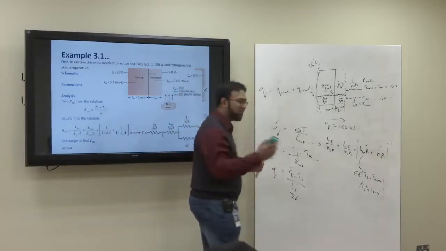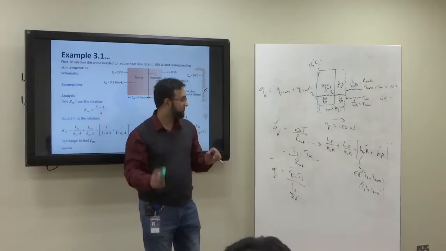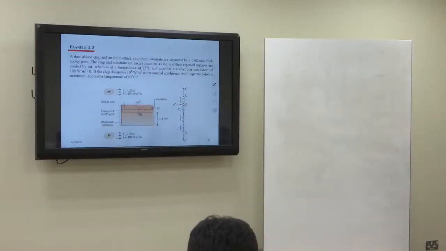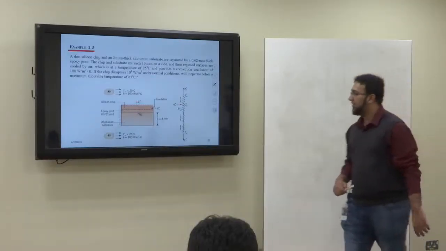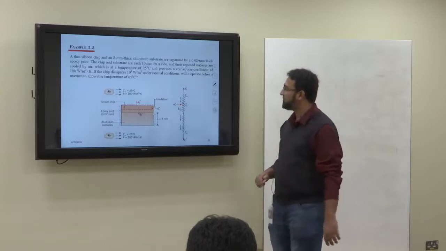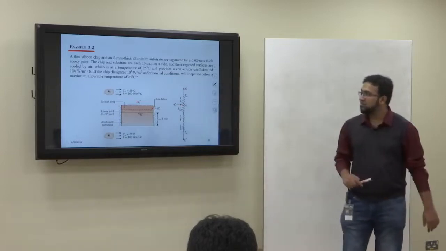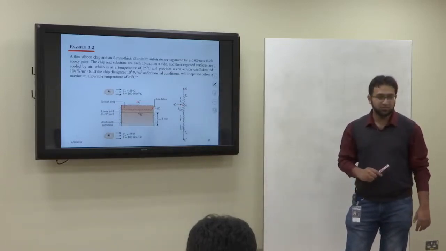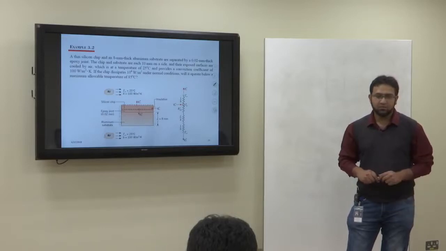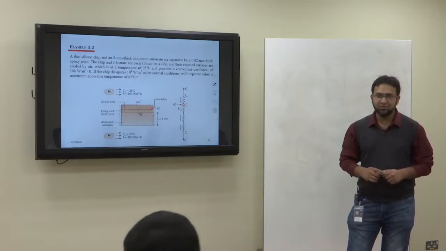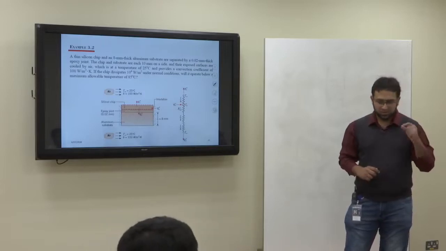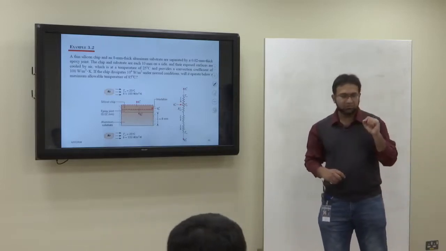Okay. Do you understand the problem solution or not? Okay. Now this is a problem. We have a thin silicon chip. Now, in heat and mass transfer, if you have a numerical problem, each and every word counts a lot.